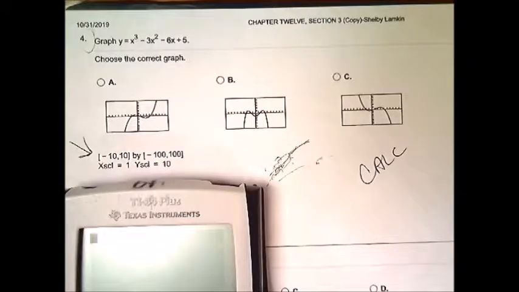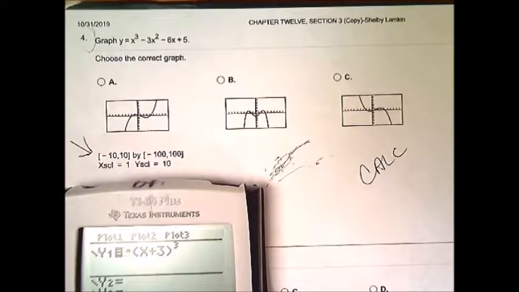Question 4, you need to go to y equals, put the equation in your calculator, x cubed minus 3x squared minus 6x plus 5.